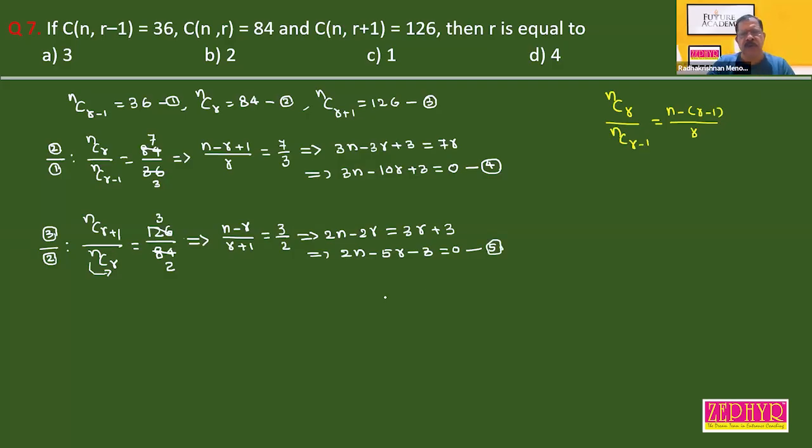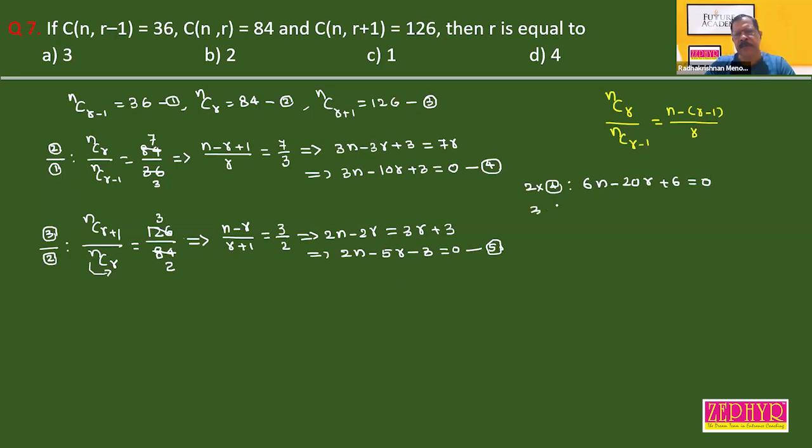Okay, if you solve 4 and 5, you would be getting the value of r. Equation 4 into 2: we are getting 6n minus 20r plus 6 is equal to 0.